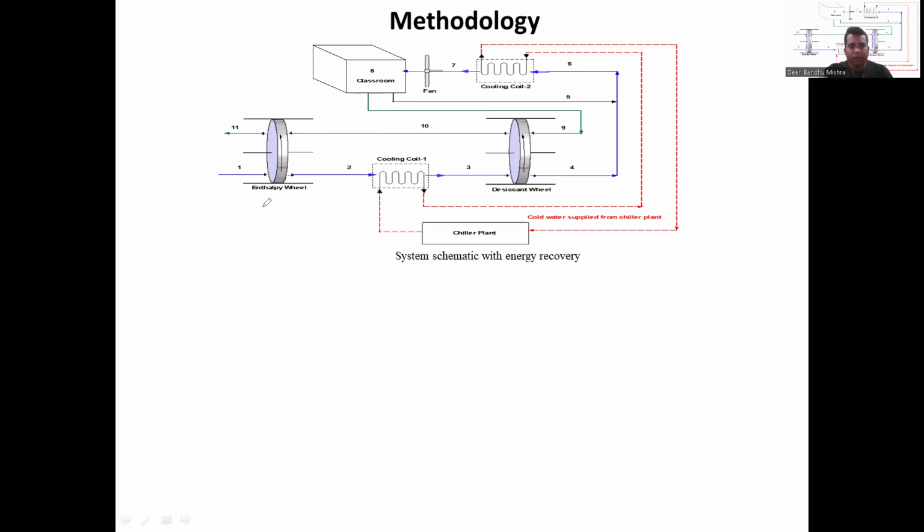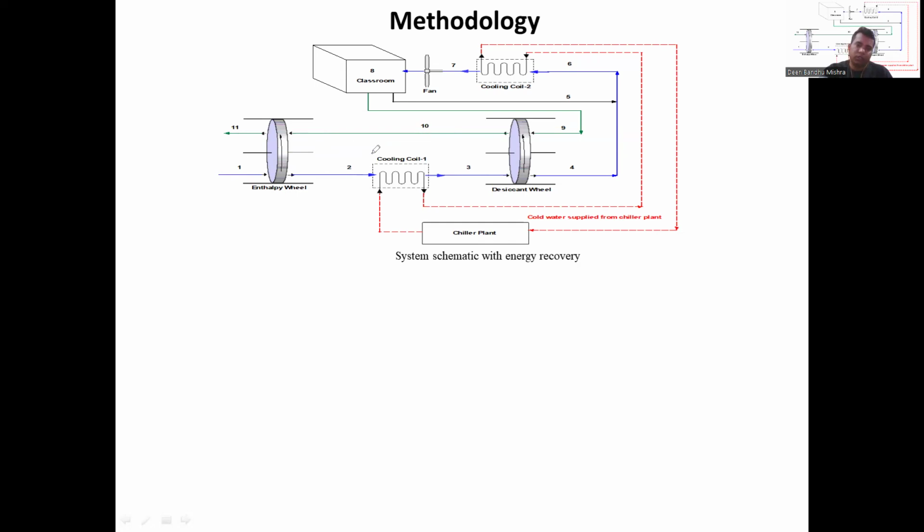Outdoor air for ventilation passes through the enthalpy wheel, which is shown from point 1 to 2. In the enthalpy wheel, the supply air, outdoor air, interacts with the room exhaust air from process 10 to 11. Here, in the enthalpy wheel, cooling and humidification processes take place.